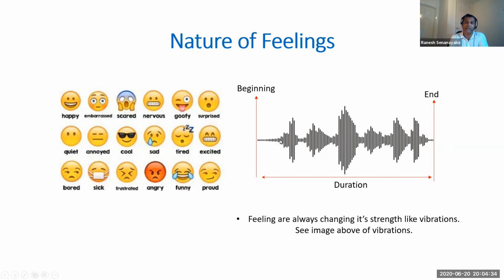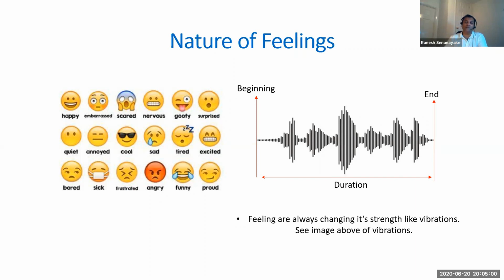They change in their size and strength. They go up and down and then they disappear. Like that, when you feel a particular feeling, it normally has a beginning, a duration and an end.